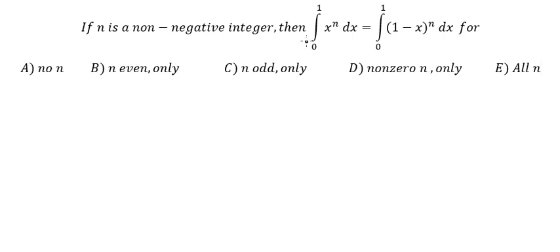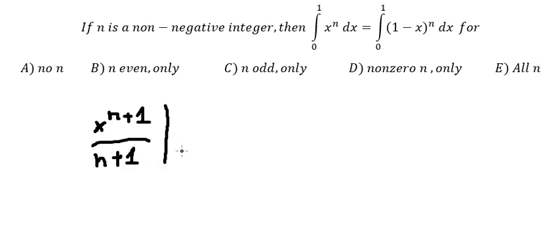So for this one, that is about x to the power of n plus 1 over n plus 1, and then we put the bounds from 0 to 1.